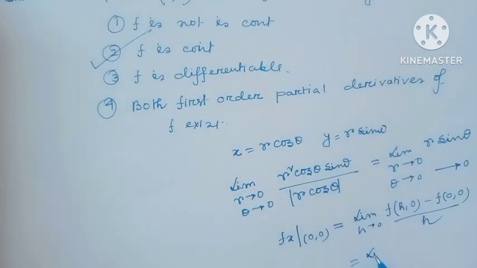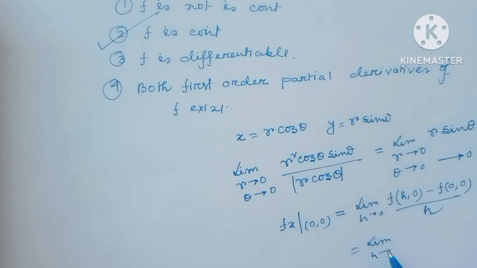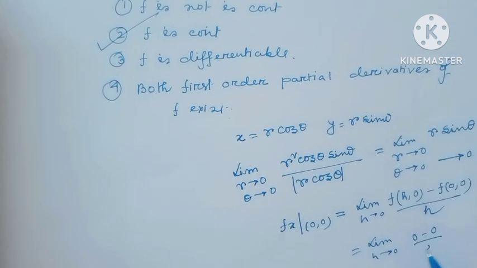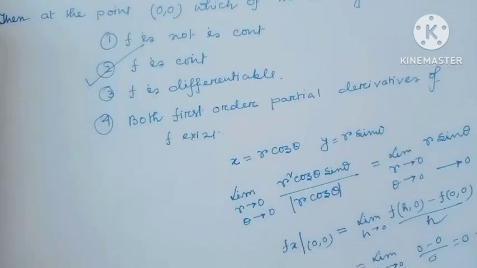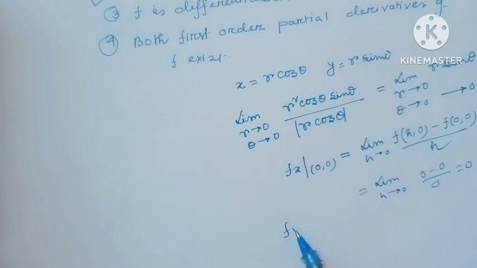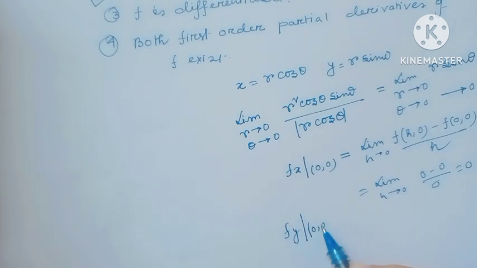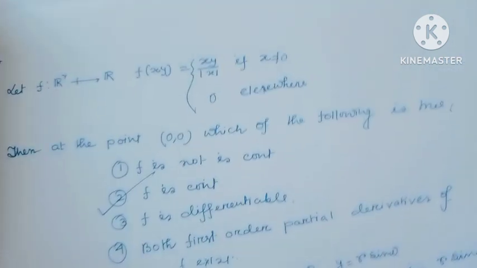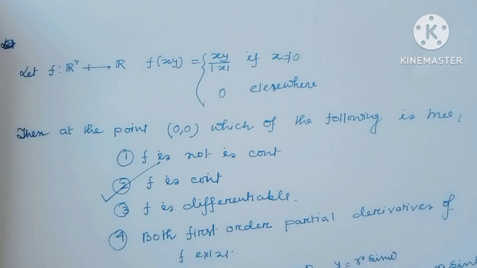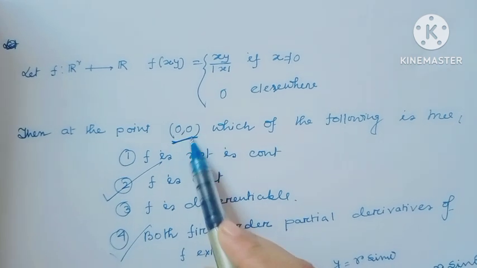So this value is the limit as h goes to 0 of 0 minus 0 over h, this value equal to 0. Similarly, fy at the point (0, 0) would be 0. So both first order partial derivatives of f exist at the point (0, 0).